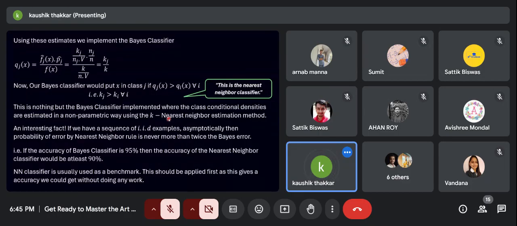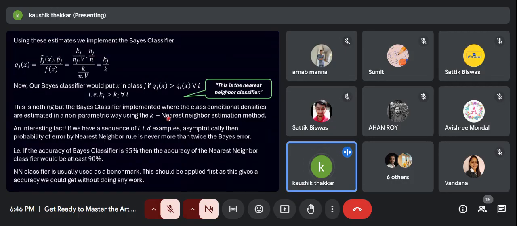Now again, there are a few more problems with this classifier, because this is a storage heavy kind of classification rule, because you need all the training samples with you at the time of classification, right? So memory becomes a problem, and storage may become a problem when you have large training sets and a large number of test samples which you need to classify.